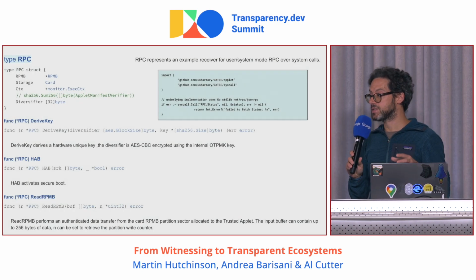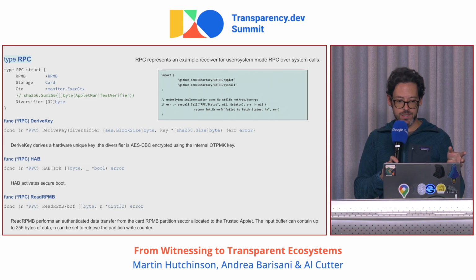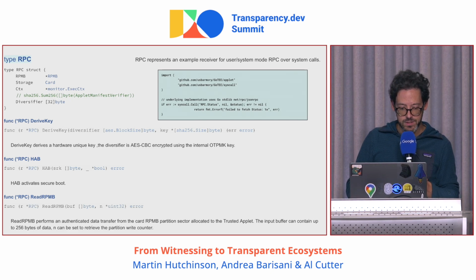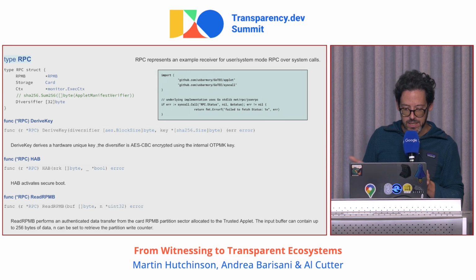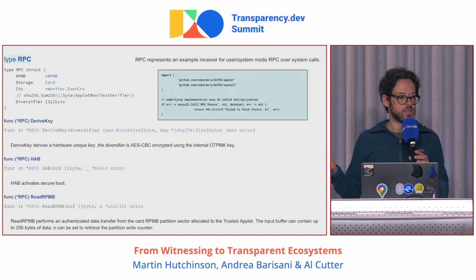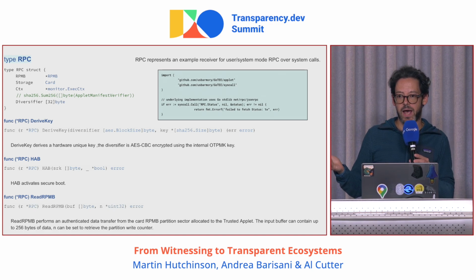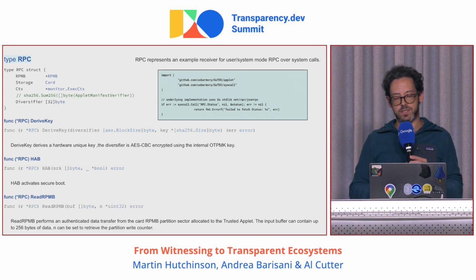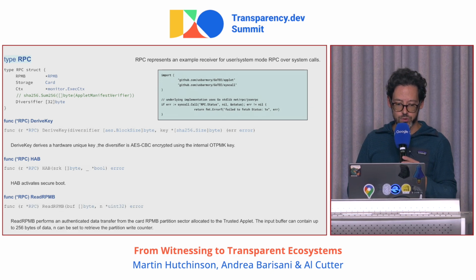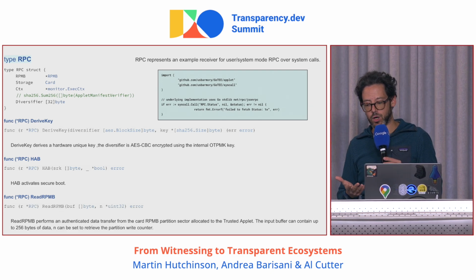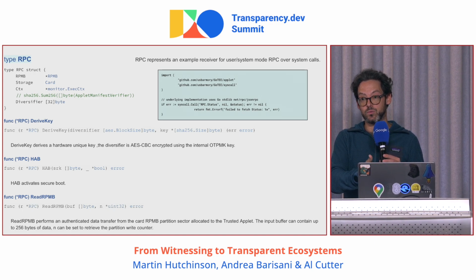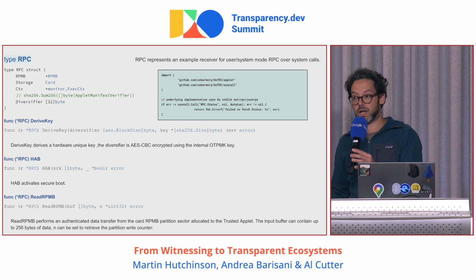To do RPC between the applet and the operating system, we defined an RPC interface, which basically uses in the end Go's own net/rpc with JSON-RPC. So we just use that package, and we have system calls that allow us to serialize and deserialize those calls, which I think is a very nice way of combining something really low-level like system calls with something really convenient that Go provides.